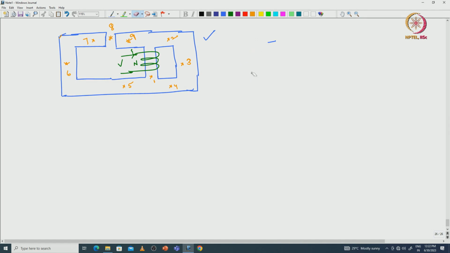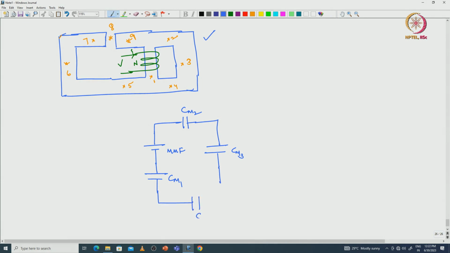First, the MMF we have to draw, that is the effort variable, and then the capacitance with respect to region 1 is Cm1, region 2 capacitance is Cm2, region 3 capacitance is Cm3, region 4 capacitance Cm4.